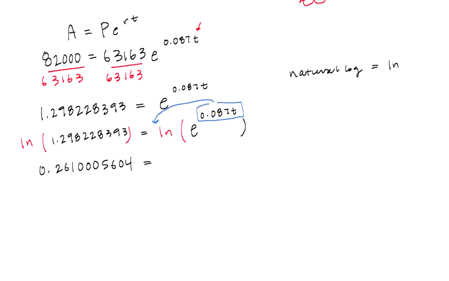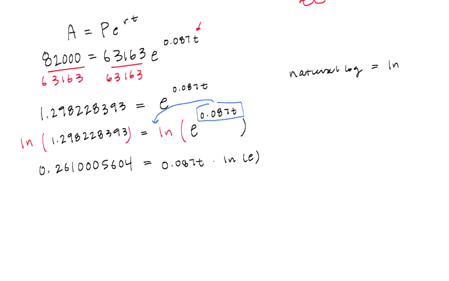So in other words, I can rewrite this as 0.087t down in front times the natural log of e. So natural logging both sides, the only reason that we do that is so that we can move the exponent down in front of the natural log as a multiplier so that it's not locked into that exponent anymore.